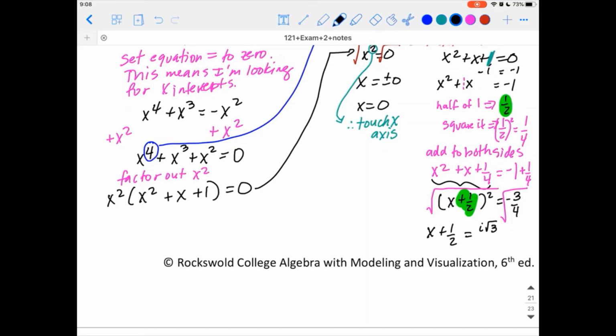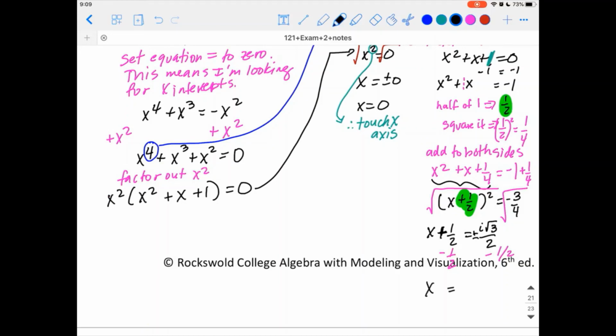The square root of 3 is ugly, so we keep it in the square root. And the square root of 4 is 2. And again, I do not forget the plus or minus. Now I need to get rid of this plus 1/2, so I'm going to subtract a half from both sides.